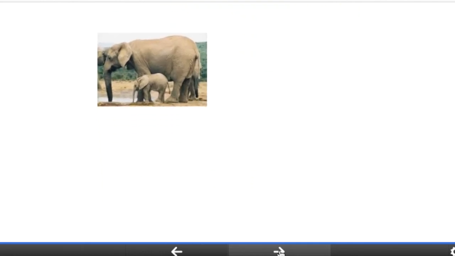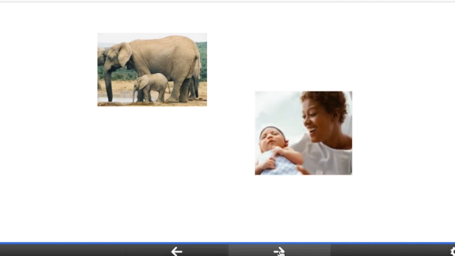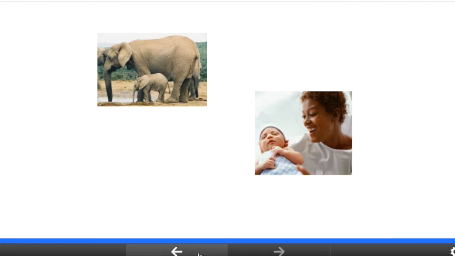Examples of K-selected species would be elephants and us. Now, most species do not fall within one extreme or the other. Many species have characteristics that fall somewhere in between. And so when we look at an organism's life history pattern, we look to see towards which extreme they lean. And that is all for population ecology. I hope this was helpful.